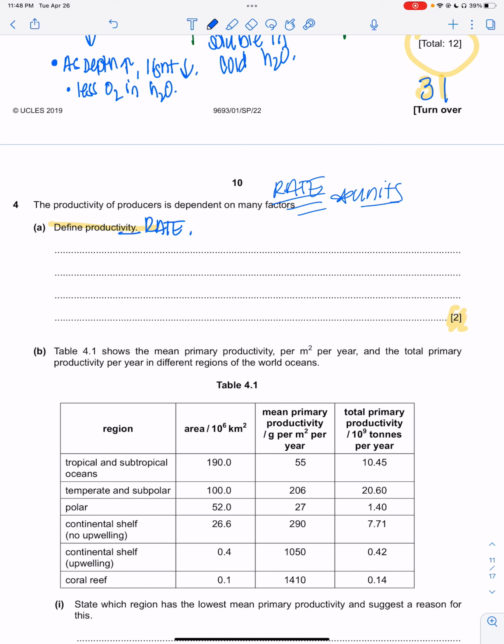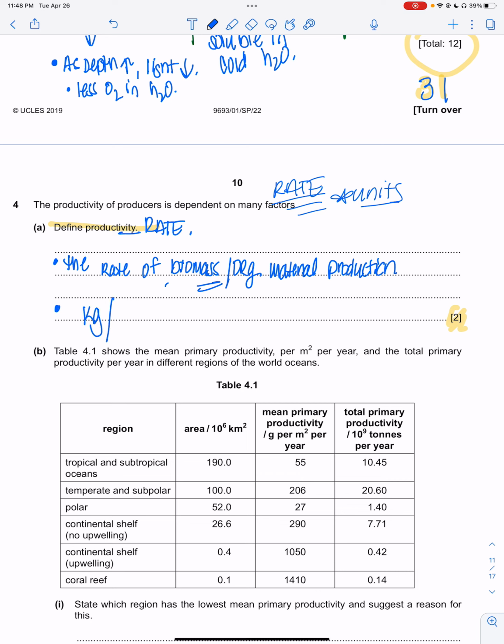All right, so definition. The rate of biomass or organic material production. And then the unit. So biomass, we measure mass in kilograms.